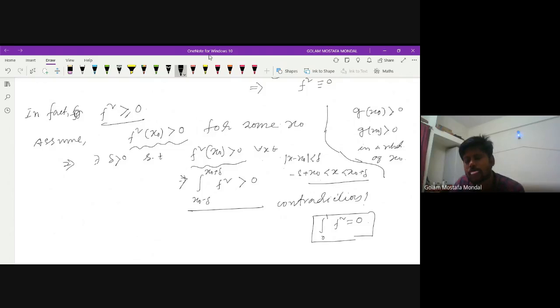We already have this property. This is a contradiction. So there does not exist any point such that f square is greater than 0. Therefore, you can say that f square is identically 0. That means f is identically 0.